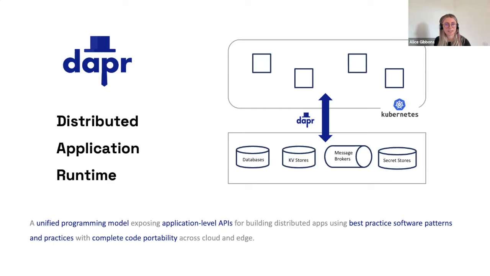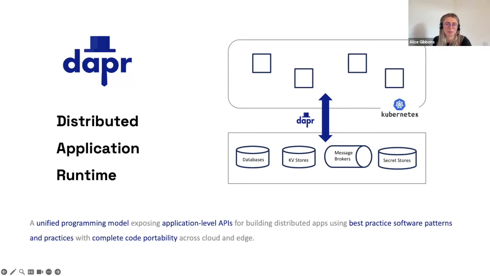I actually stole this definition from a coworker, but we like to define Dapr as a unified programming model that exposes application level APIs for building distributed apps using best practice software patterns and practices, with complete code portability across cloud and edge. You can see my little fake Kubernetes cluster on the top here.